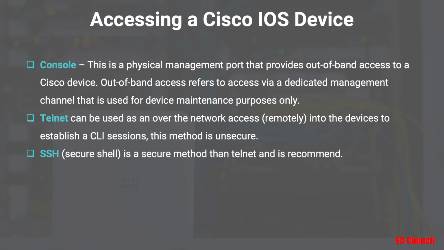Out-of-band access refers to access via a dedicated management channel that is used for device maintenance purposes only. However, the console port is the primary method to access a device when it is newly purchased or unboxed. There's no other way to access and administer a Cisco device without the console port.